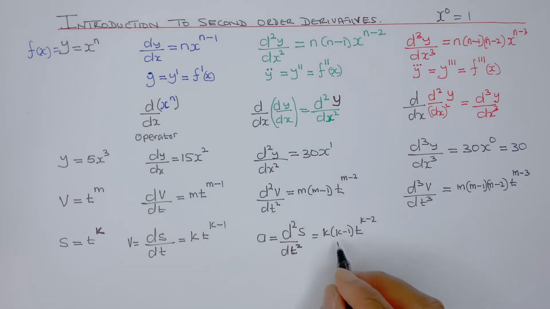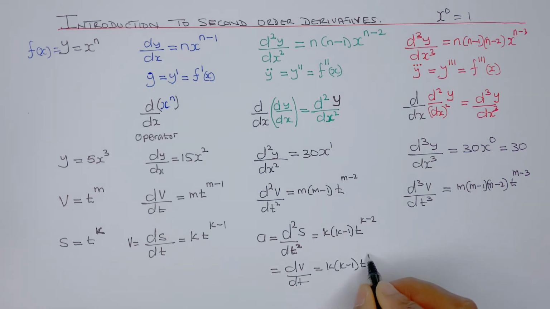So you could write this as dv over dt as well. So that will be the acceleration, because acceleration is the rate of change of velocity over time. So that's the application there.